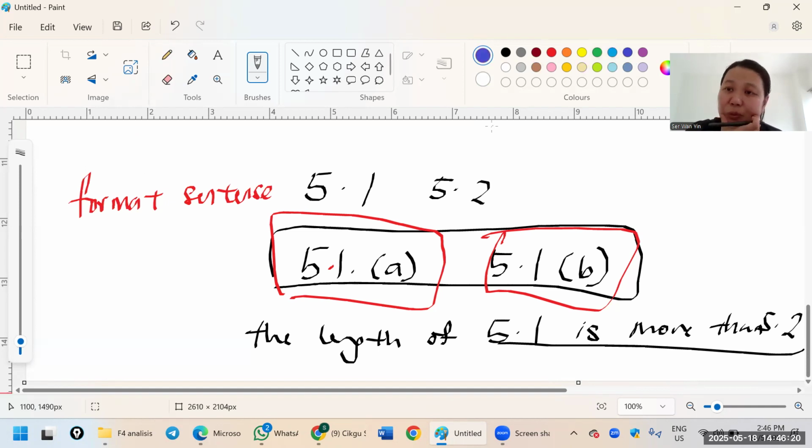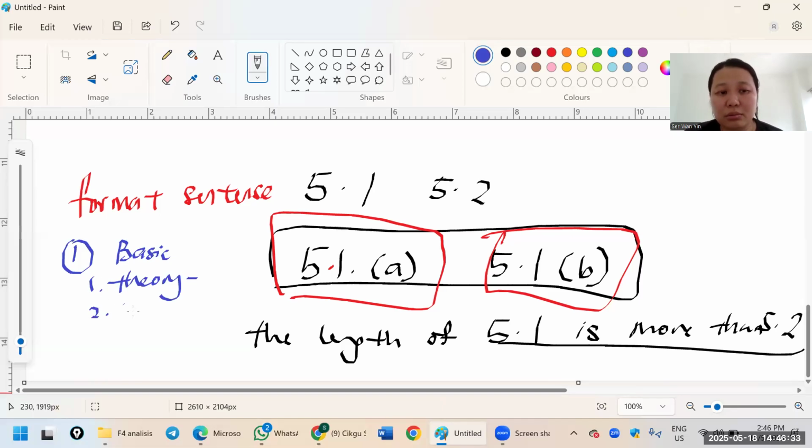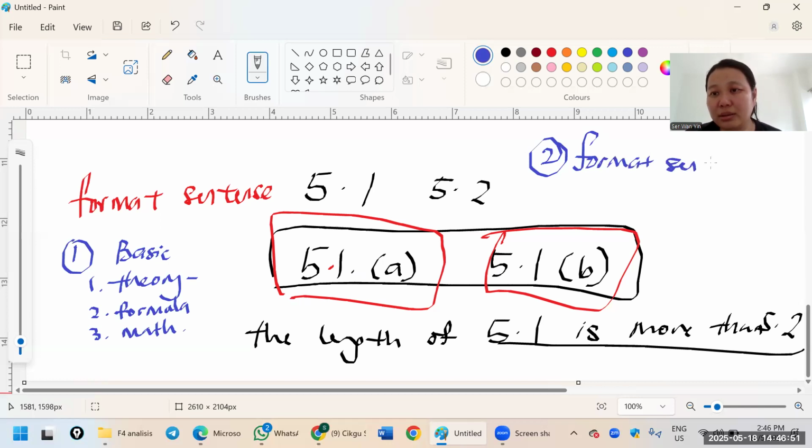So why can some people not score? Number one is, of course, your basic. Basic means your theory. You do not memorize the definition. Number two, the formula you are not familiar with. Number three, your maths calculation may not be so good. So you just need to recover back. Number two is format sentence, and format question.